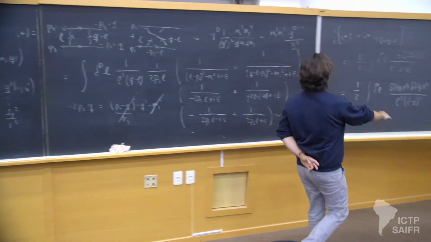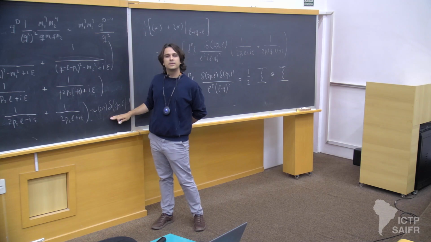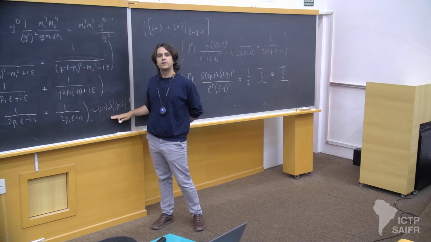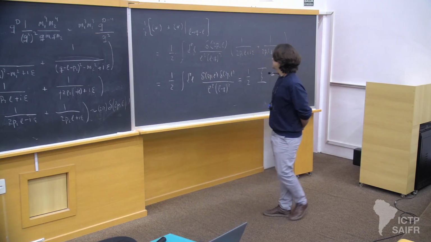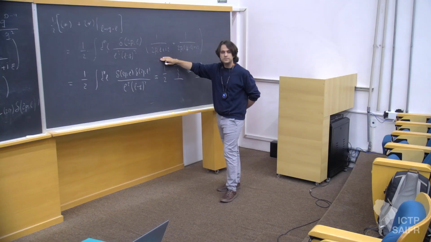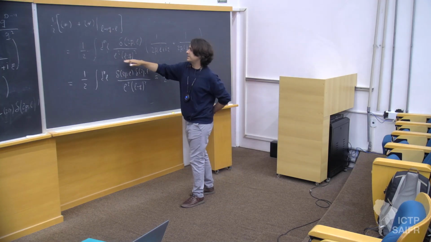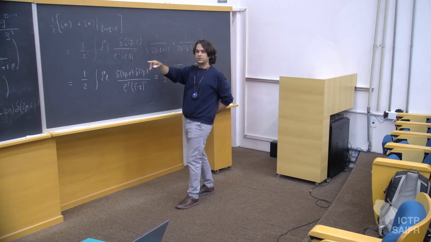Yeah, from here. Yes. This. Yeah. Note that these two propagators are invariant, right? And I told you that every time I have a p dot q, I can drop it because this is order q squared.